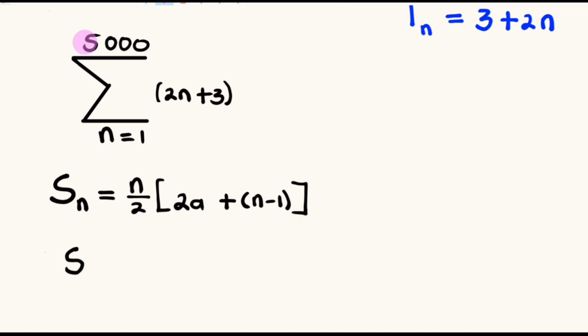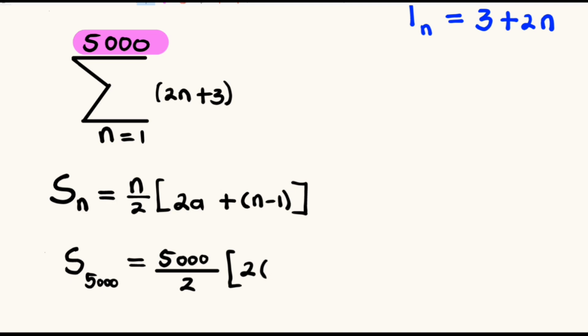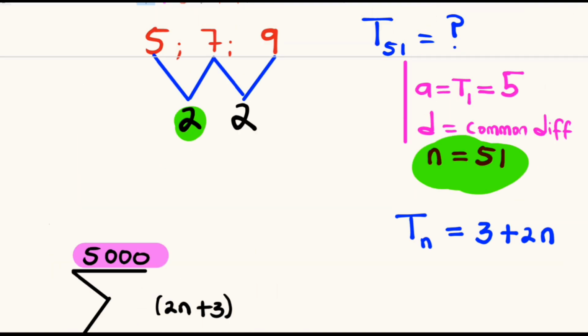So the sum to 5,000 terms will be equals to 5,000 in the place of the n divided by 2 into 2 multiplied by, so the 2n plus 3 is just the same as the 3 plus 2n.